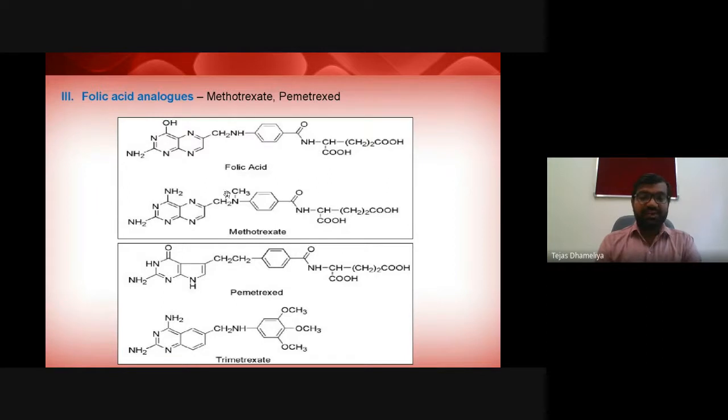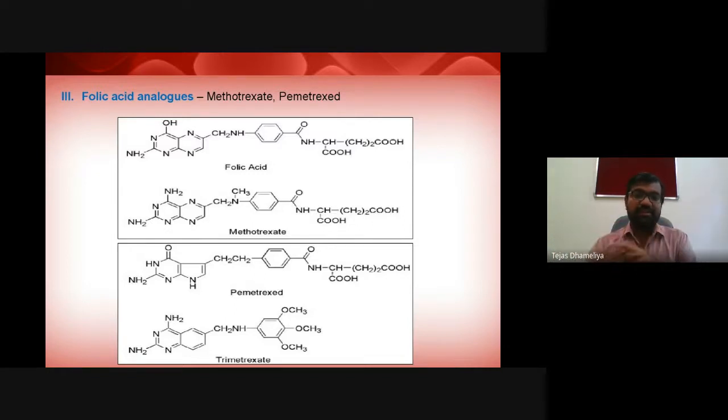So folic acid or methotrexate, basically methotrexate is a folic acid antagonist. Folic acid is essential for one carbon metabolism, because it converts uridine monophosphate into thymidine monophosphate. So basically DNA requires thymidine, not the uridine.